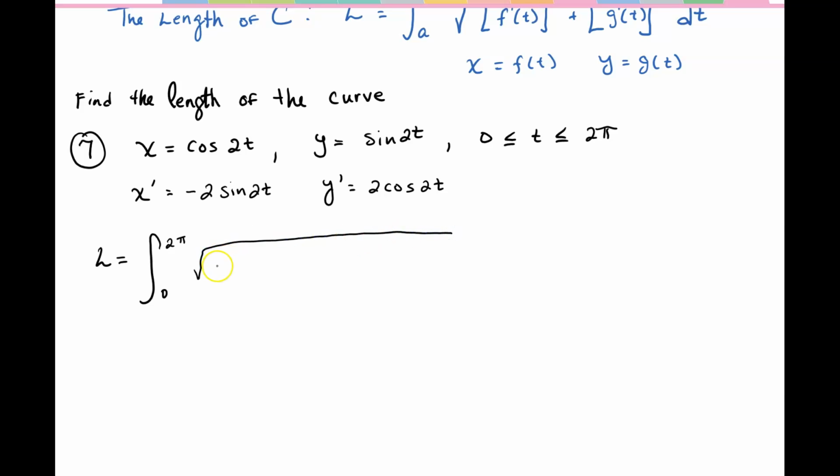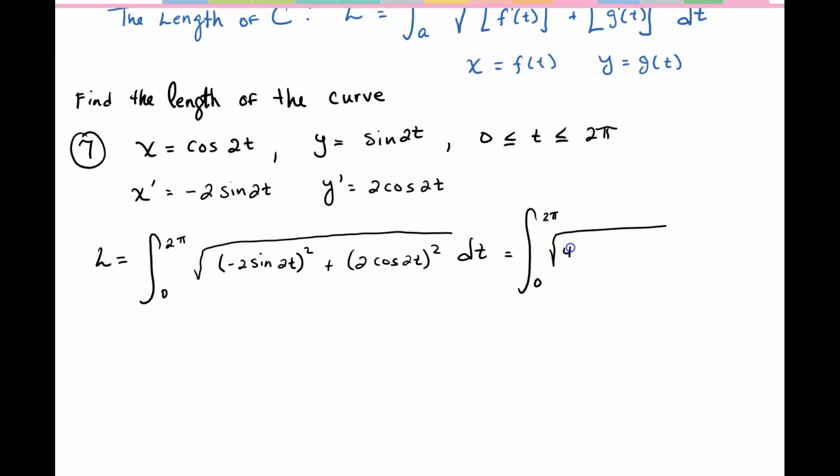So we're going to have a negative 2 sine of 2t, squared, plus a 2 cosine of 2t, squared, dt. All right, so what does that look like? Well, it's the integral from 0 to 2 pi of the square root of 4 sine squared of 2t plus 4 cosine squared of 2t dt. All right, that's what it looks like.